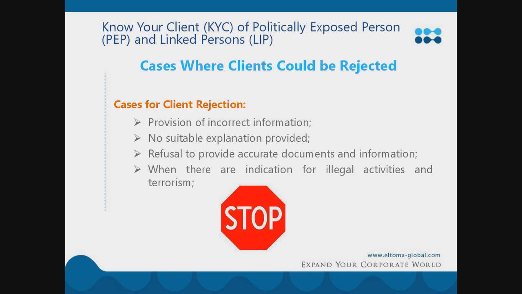Also, if the PEP or LIP person refuses to provide any accurate documents and information, and when you identify that this person is involved in illegal activities such as money laundering, bribery, terrorist financing, or he's wanted by any international authorities, Interpol, and so on, definitely reject the client and inform the government authority.